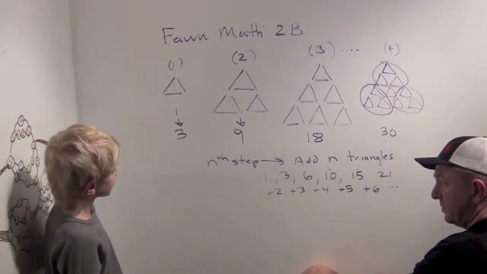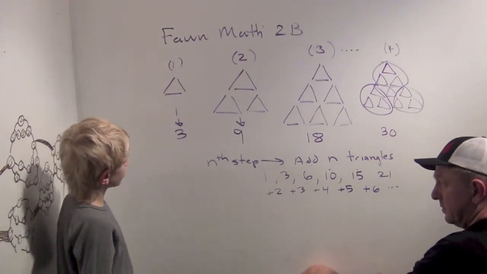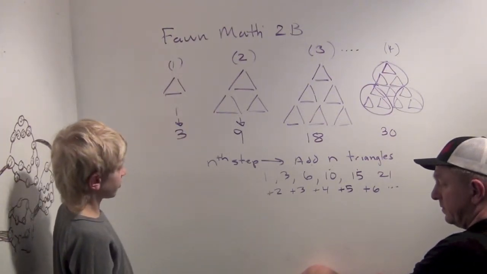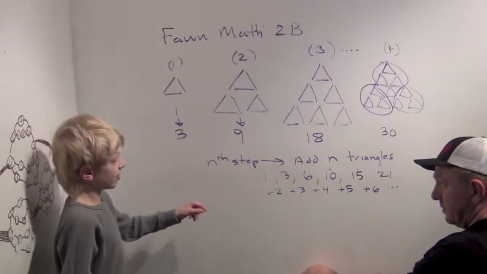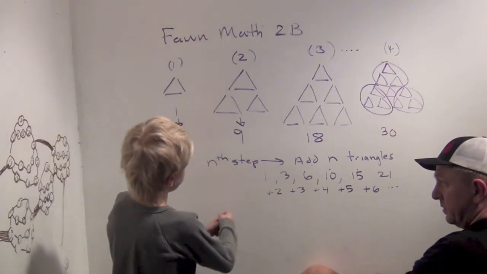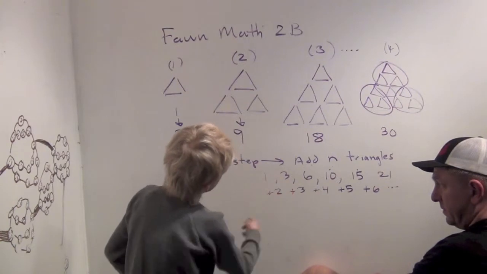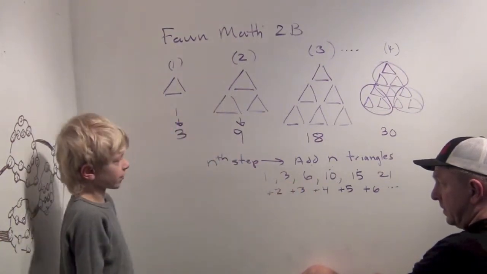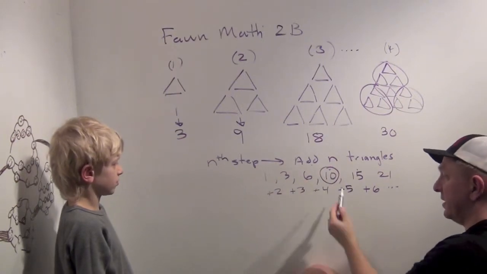Well, on the nth step, to get to the next step, you add n plus 1. Right. To get to the next step, and then you keep doing that over and over. Okay, so how do I get to number 10 here? If I start at the beginning, how do I get to the number 10?